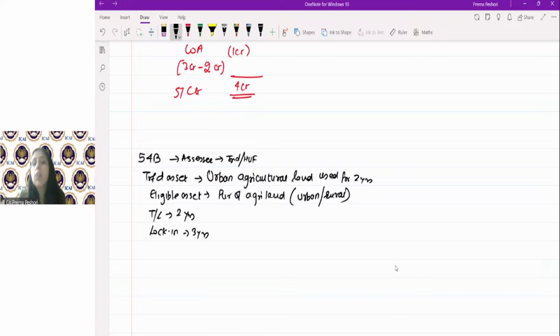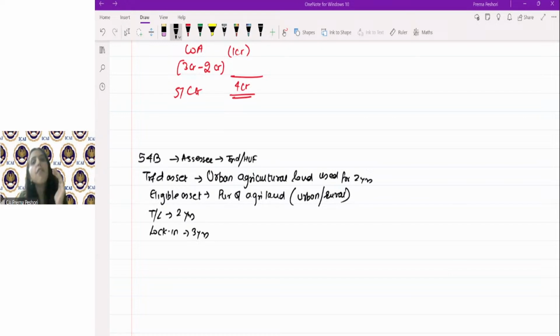And what if the asset is transferred within the period of 3 years? Then in that case, if it is a rural agricultural land, there will be no capital gain because that is not a capital asset itself. If the new agricultural land is urban agricultural land and it is transferred within the period of 3 years from the date of its acquisition, then the cost of the land will be reduced by the exempted capital gain earlier.